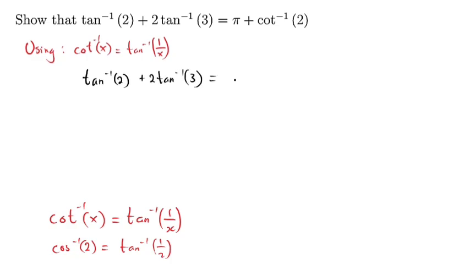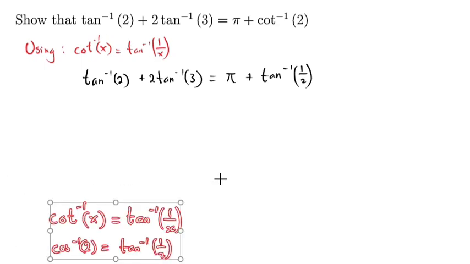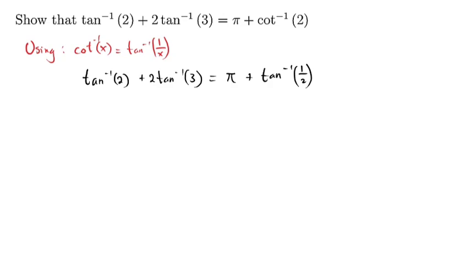Then on the right hand side, we have pi plus cot inverse of 2, which is as good as the tan inverse of half, according to this identity that we've just established. Alright, so let's remove what we have down here. So next up, we need to use this identity.